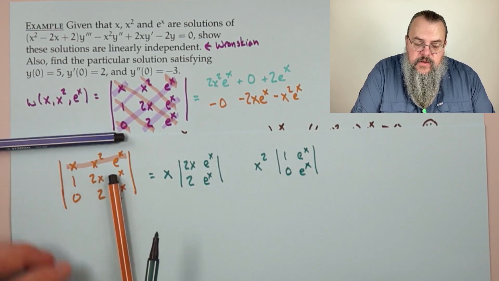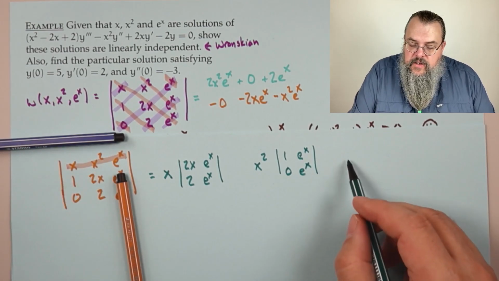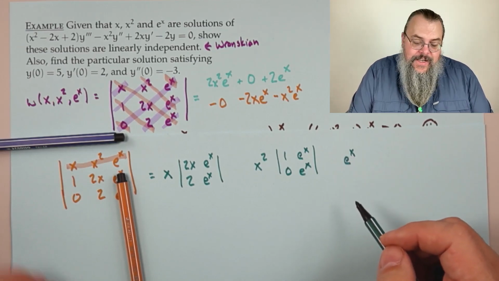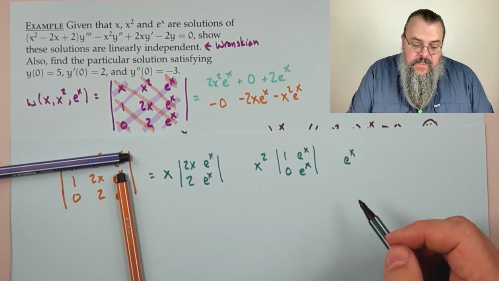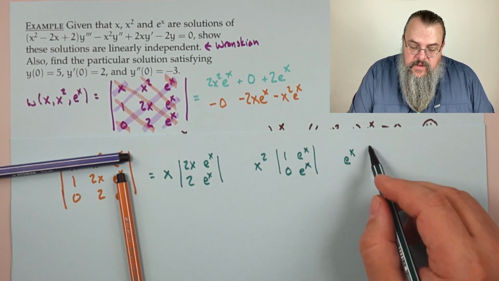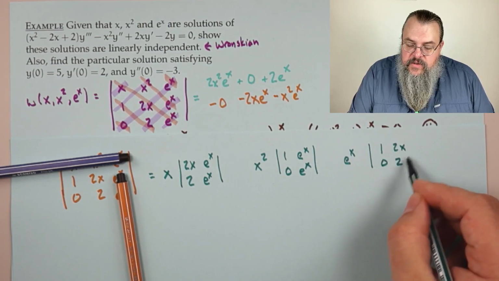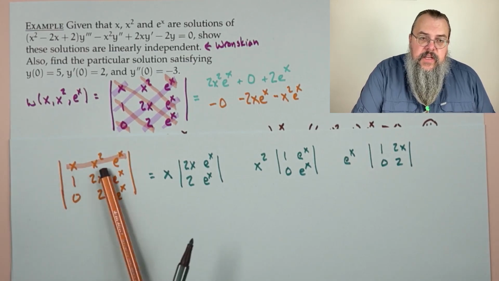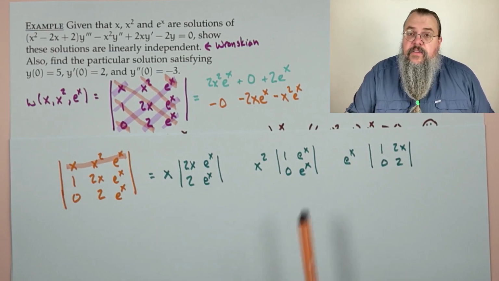Finally, we go to the last entry on that row, e to the x. Okay, cover up that row and that column and write down the entries: 1, 2x, 0, 2. So again, you write down the entry and then you cross out the row and column it's in and write down the smaller matrix.